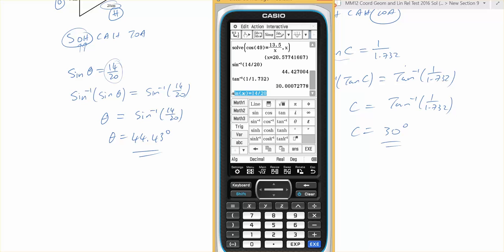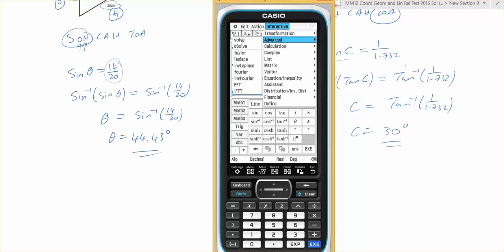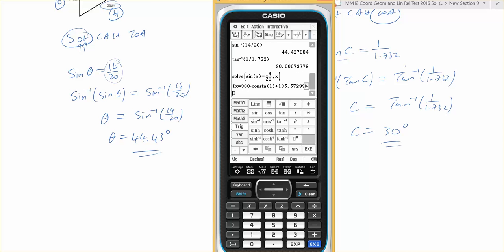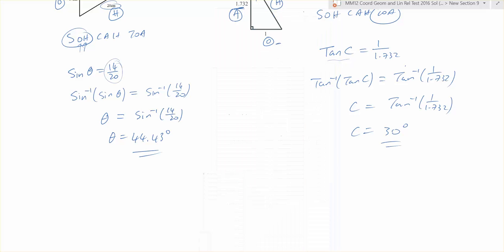And what I do is I can use the solve function. So I go interactive, advanced, solve for x. And I want a decimal answer. Okay, that doesn't work. We can't use solve. So you'll have to know how to use the inverse function for trigonometric functions.